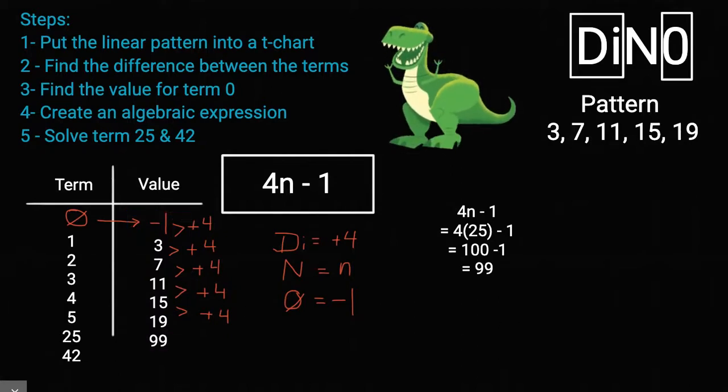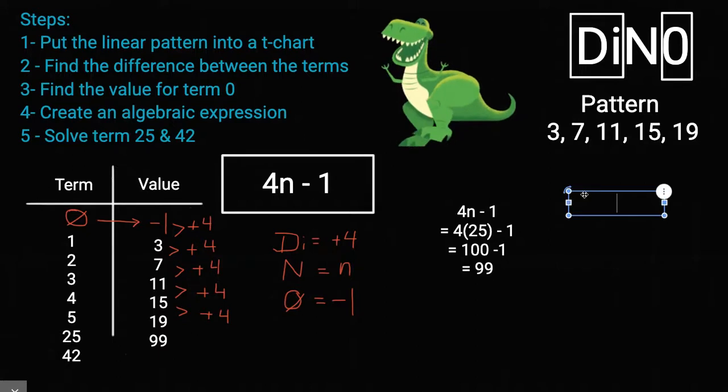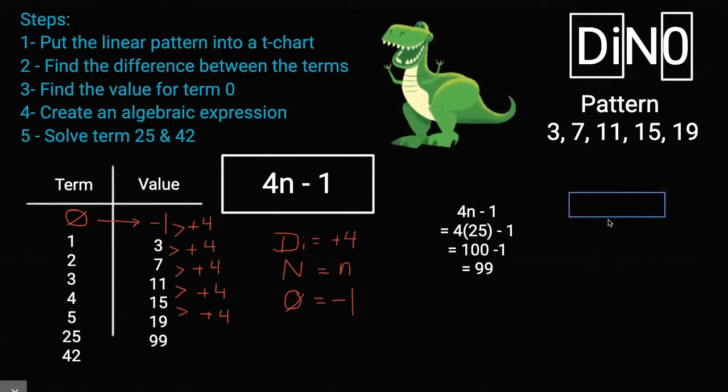We're going to do the same thing again, but this time we're looking for term 42. 4n minus 1. Then we will replace our variable with the term we are looking for.